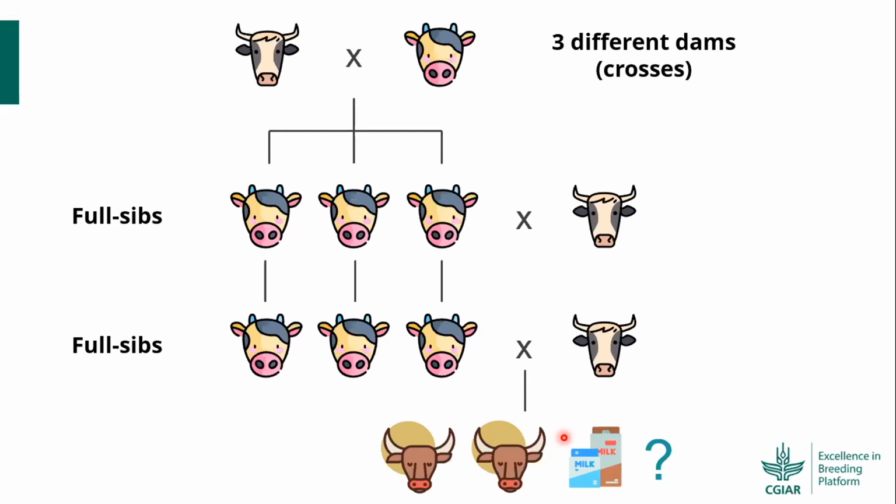This is particularly important for bulls, like I said, because they will be used in many crosses once they become sires, and they get useful information before these crosses are evaluated.